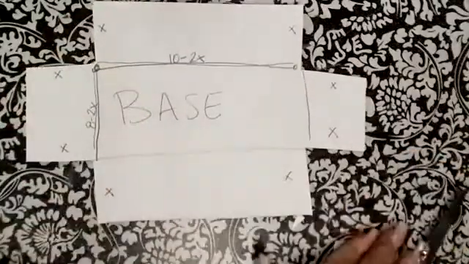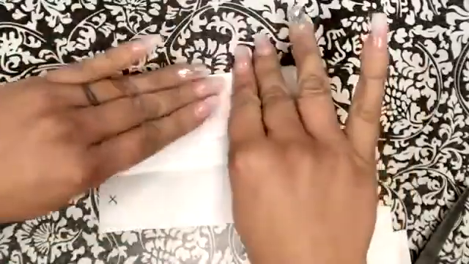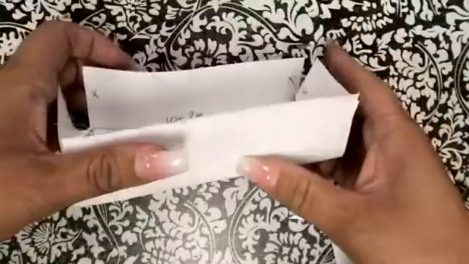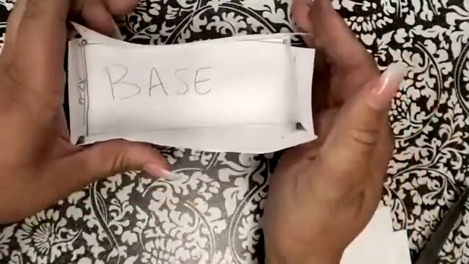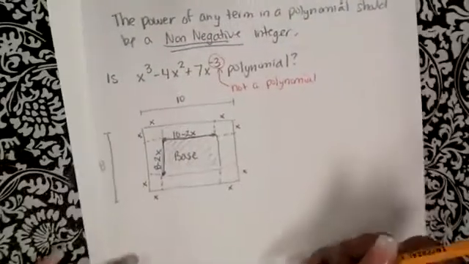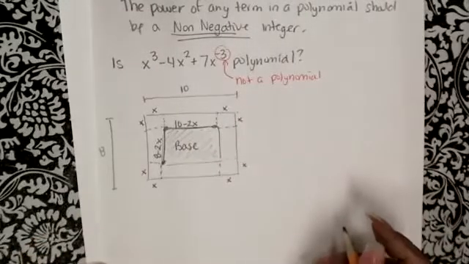This is the open box. Basically, these sides go up and create the box. So this is exactly what it looks like, just two-dimensional.